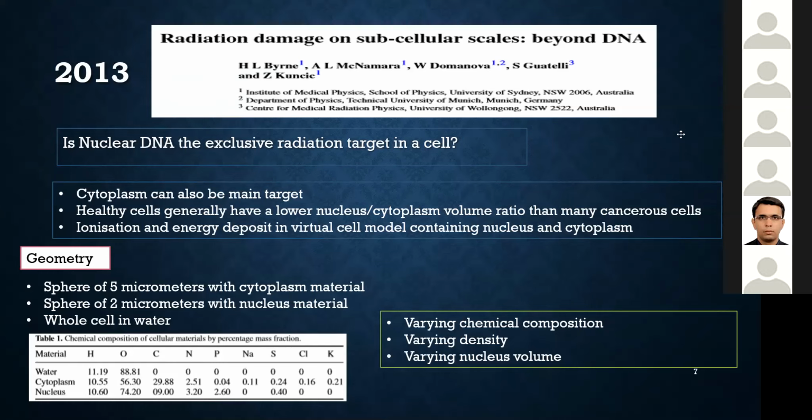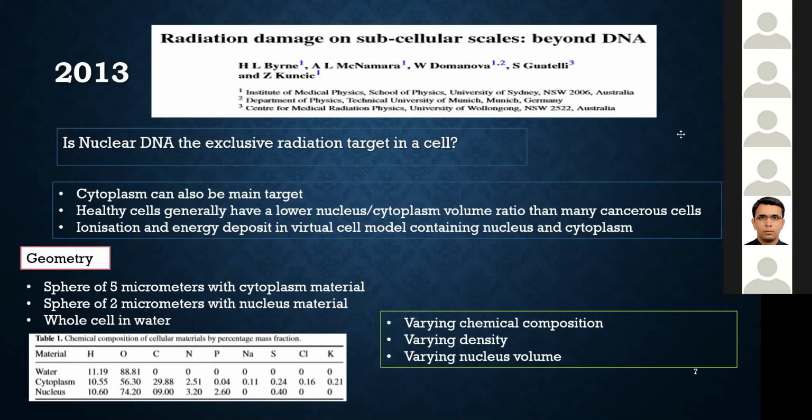In this simulation, a virtual cell model was created containing the nucleus and the cytoplasm, and the ionization and the energy deposition were evaluated. This one was a simple model: a sphere of 5 micrometers that simulates the cytoplasm material, and then a sphere of 2 micrometers with the nucleus material, all submerged in water.